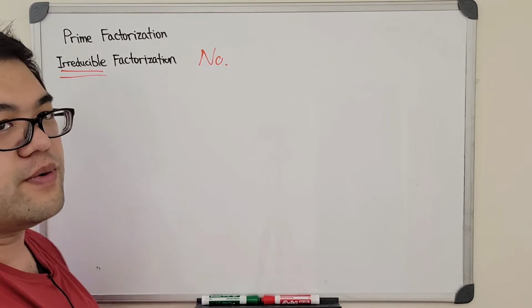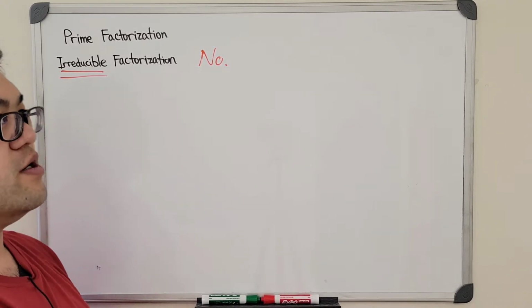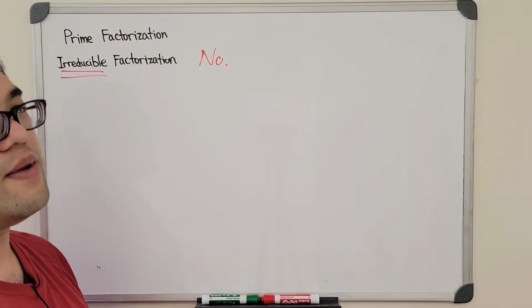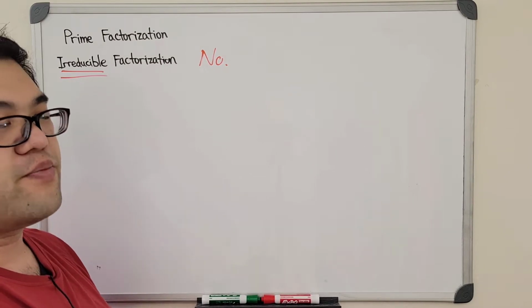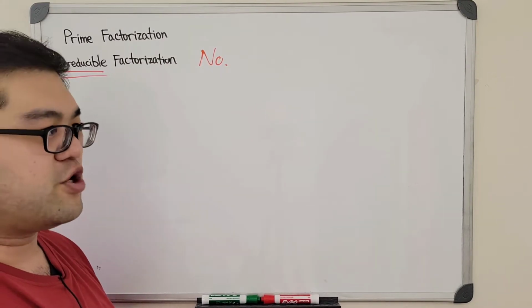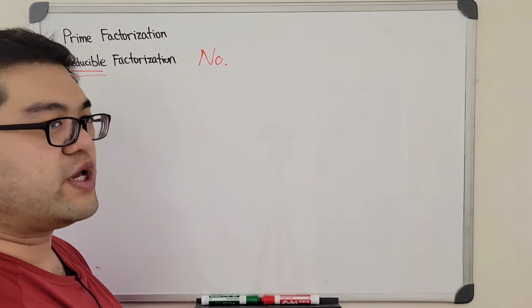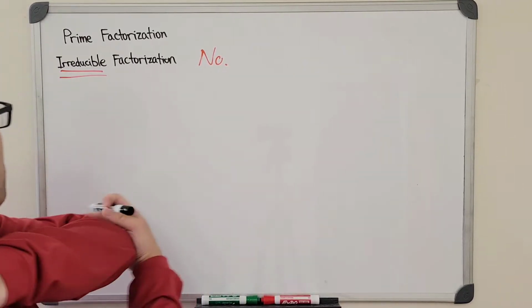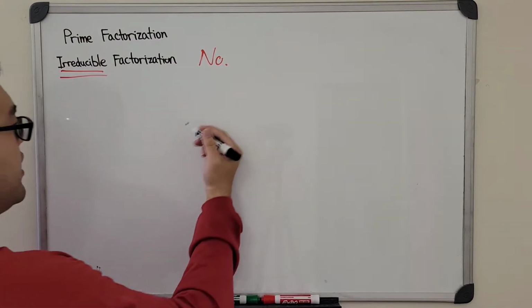I know most of you will think, well, prime factorization must be unique because we all know what primes are. In fact, whenever you say prime, I believe most of you are thinking of prime numbers as what we usually see, like 2, 3, 5, 7, and so on. But what is the actual definition of prime in algebra?